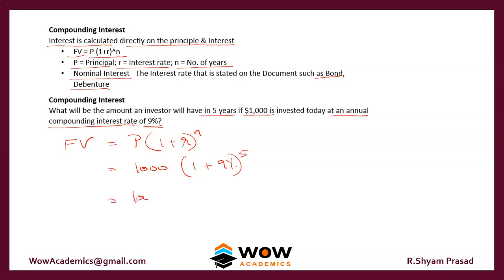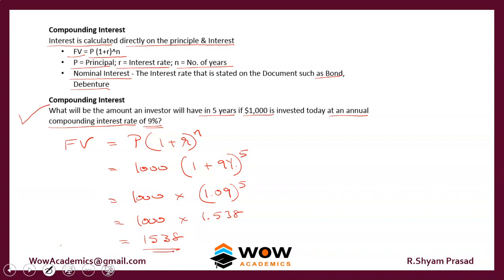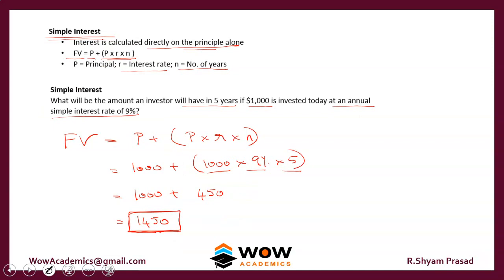So our answer will be 1000 into 1.09 to the power of 5, which is 1.538. So the total amount comes to 1538.